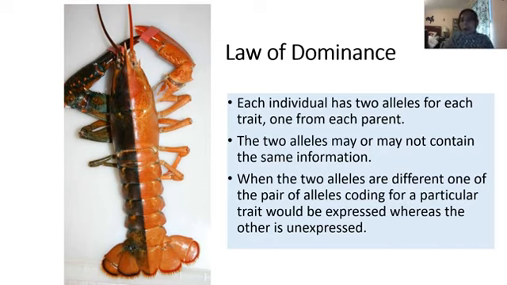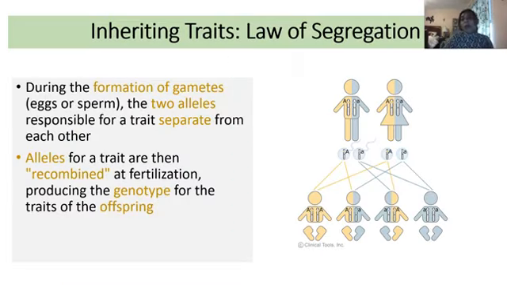So the law of dominance tells us that each individual has 2 alleles for each trait, one from each parent, and when these 2 alleles are different, one of the pair of alleles coding for that trait is expressed, whereas the other is masked by the dominant phenotype. Now, we already know that's not always the case, right? But it is a good starting point to work with.